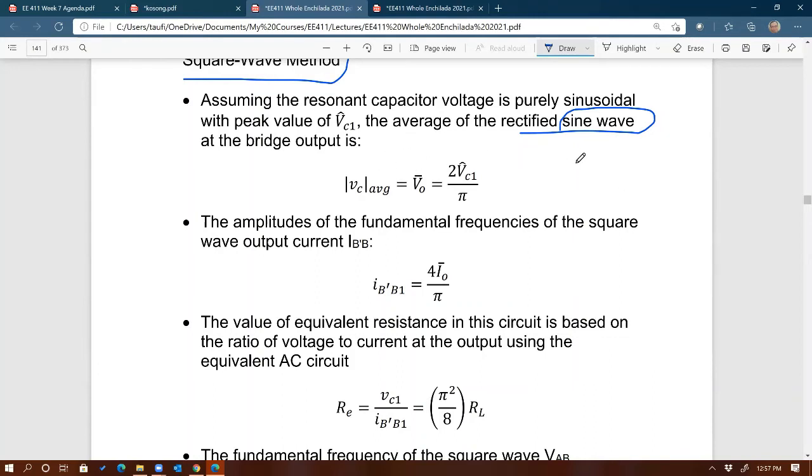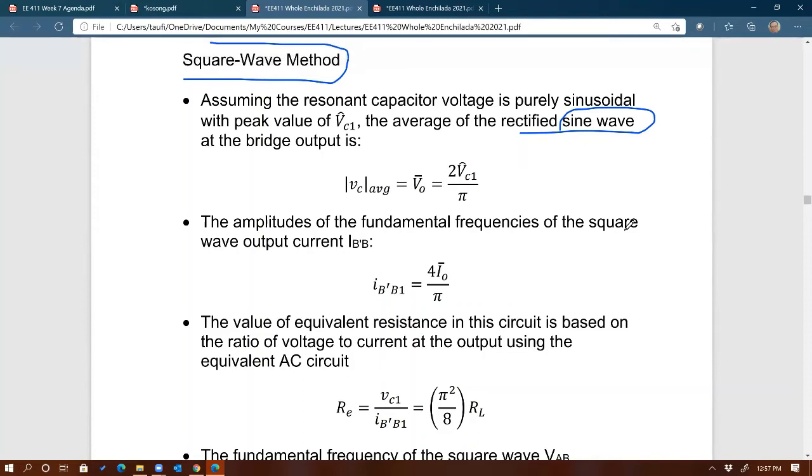From that square wave, we just take the fundamental component of the Fourier components. As you know, you could derive the Fourier components of a square wave, which is basically a series of sine wave functions, and we are only considering the first component.